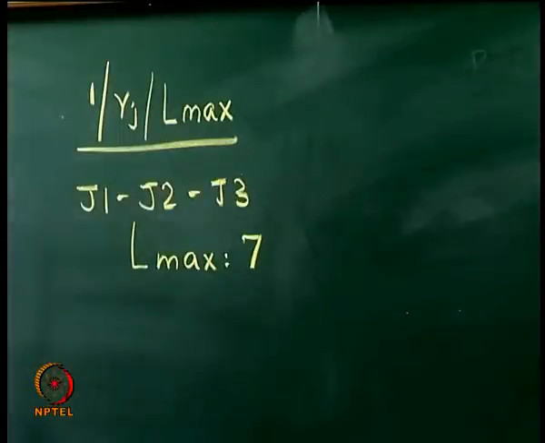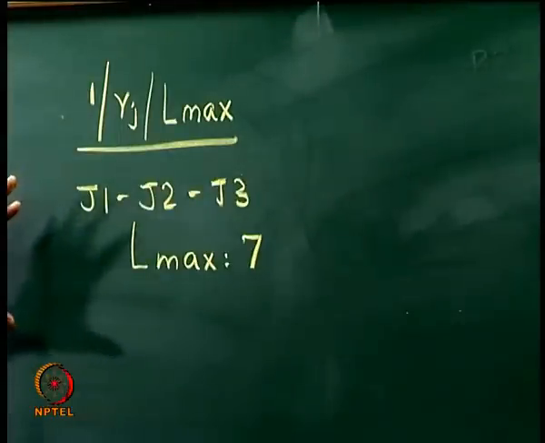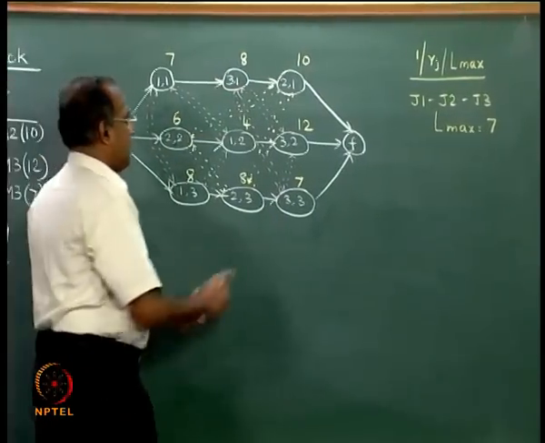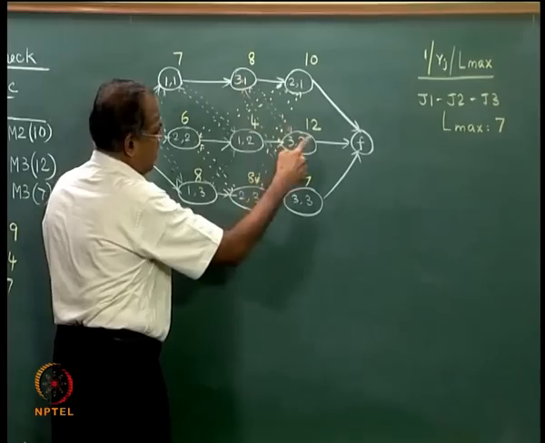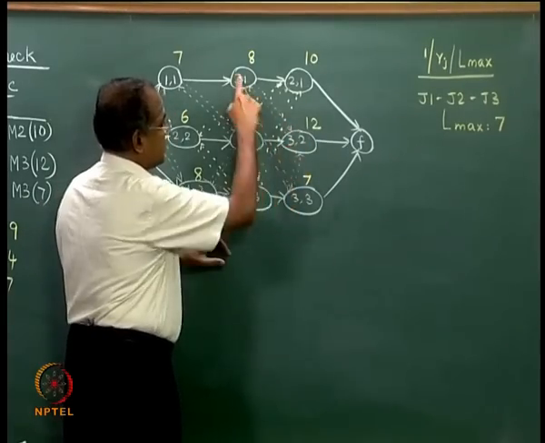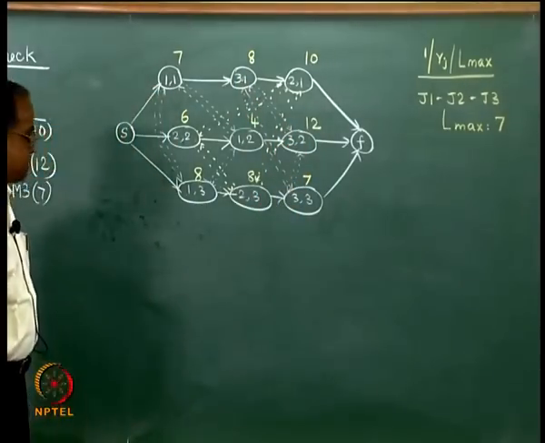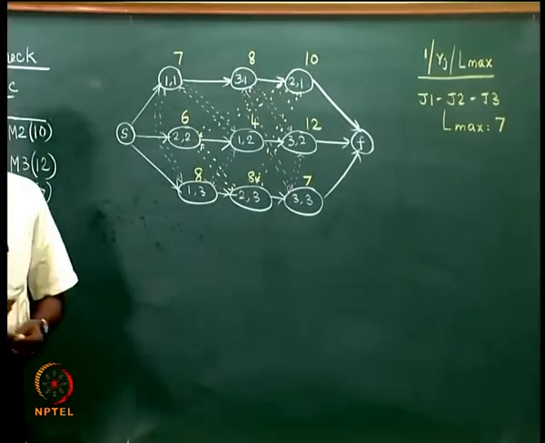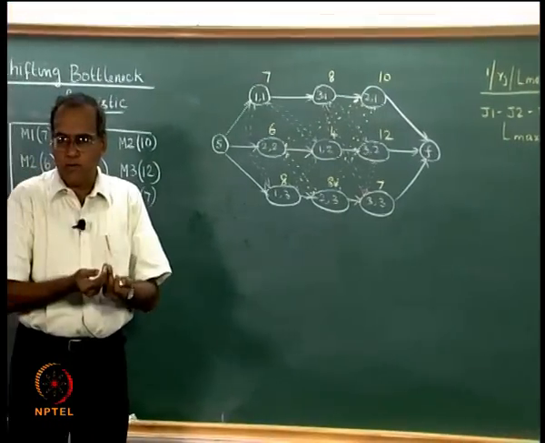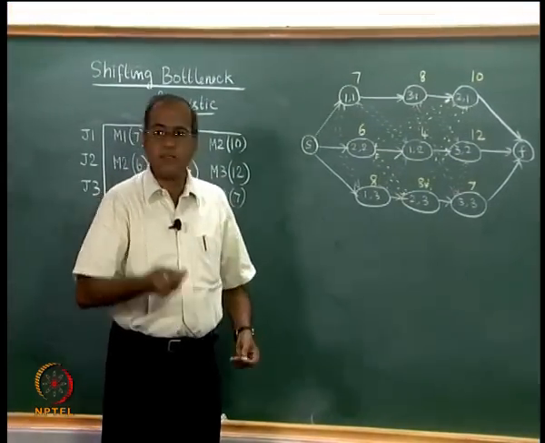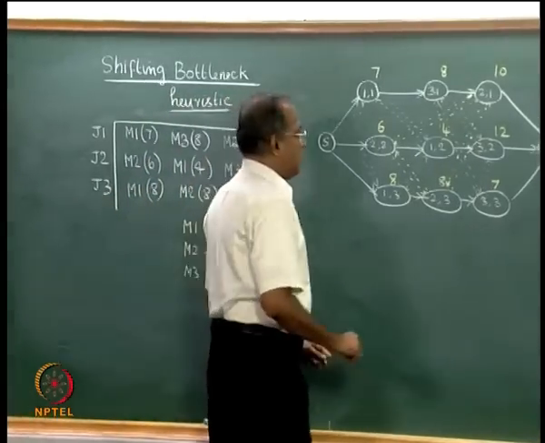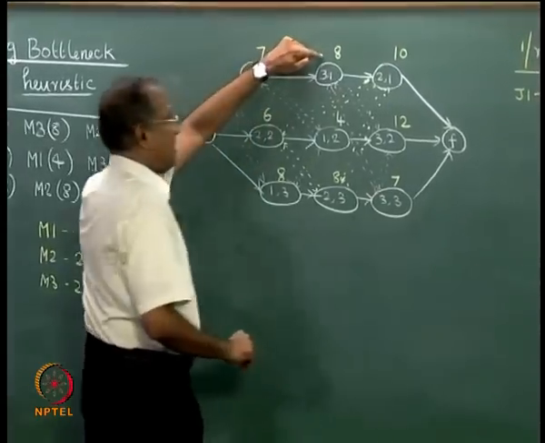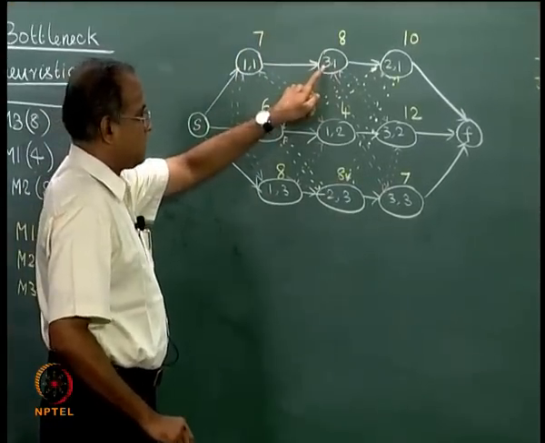Now we have to superimpose the solution on this network. So we have solved for the third machine, for this set of 6 arcs, and we have J1, J2, J3 coming in, which means on M3 we will first do J1, then J2, and then J3. So 3 1 would mean job 1 on machine 3.